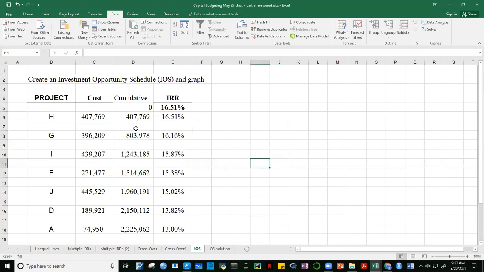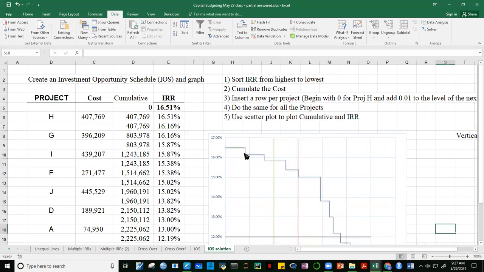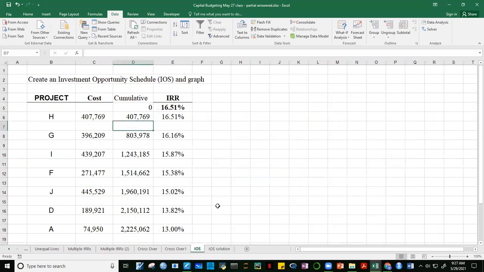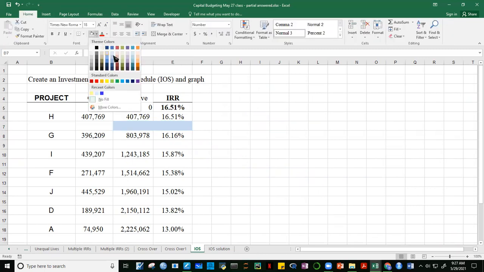Now, for the next one, you notice this one starting from 407,769 until 803,978. But how do we ensure that there will be a drop here? The technique is, let me highlight this because we're going to do the same for the other cells.